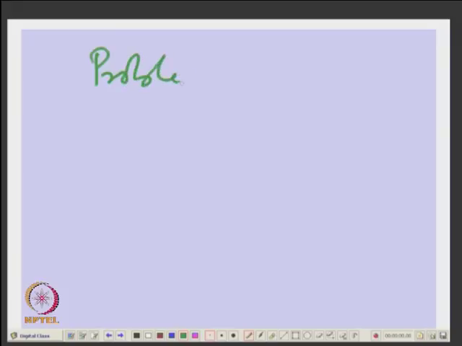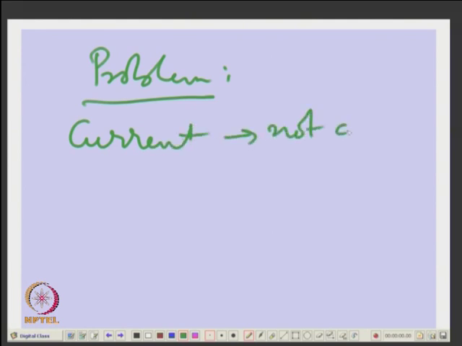So, you are bogged down with problems, because the problem is current is not a rectangular brick, right, current does not go like that, okay.